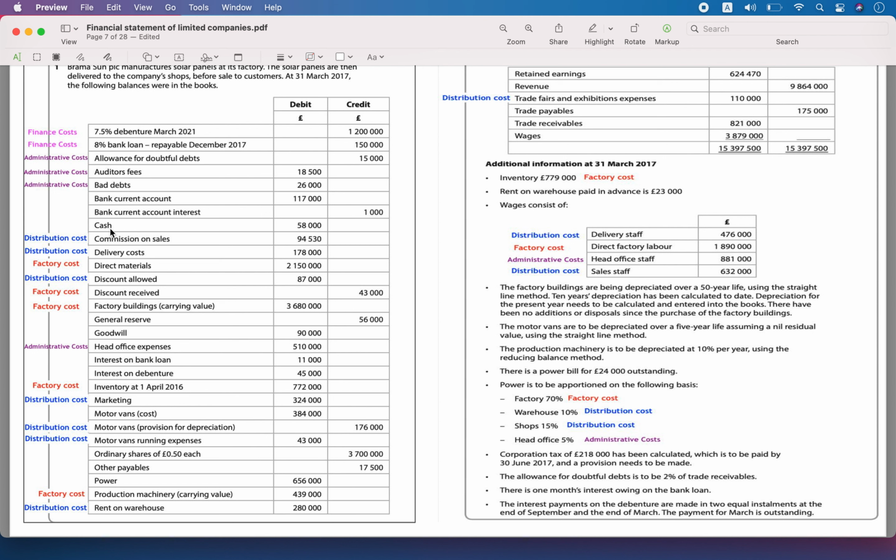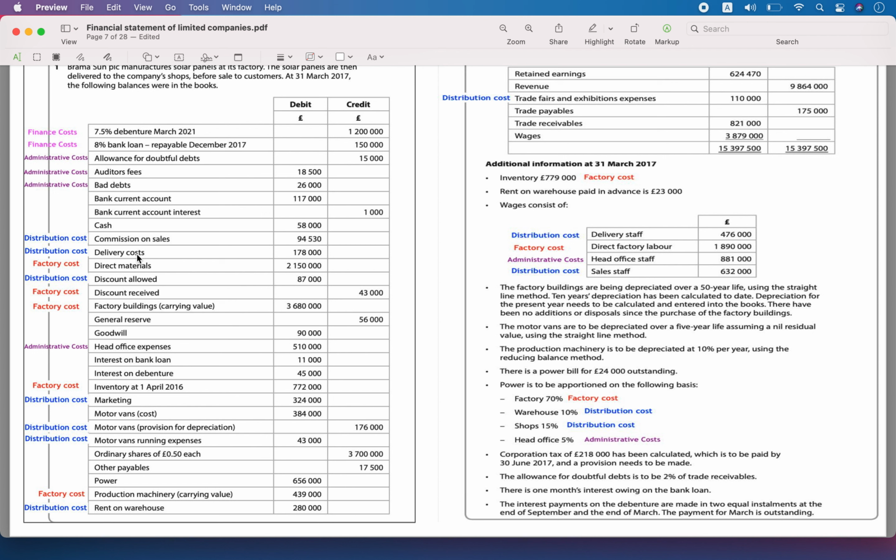Then these are not going to appear in the profit, loss and income statement. Commission on sales is going to come under the distribution cost. Anything related to sales, shop, or warehouse, you will have to identify as distribution cost. Next, delivery cost and warehouse cost are also distribution cost.